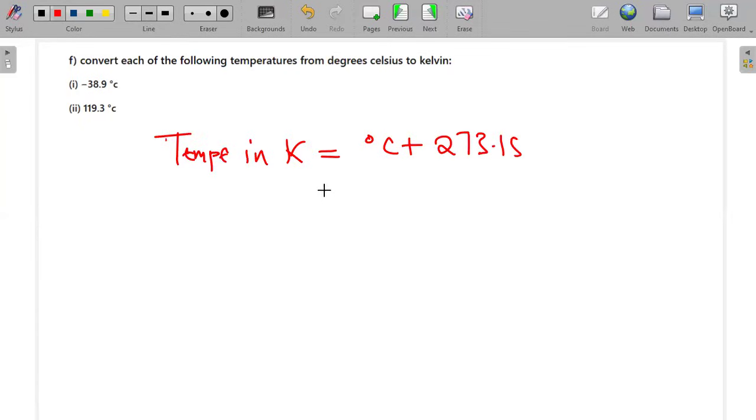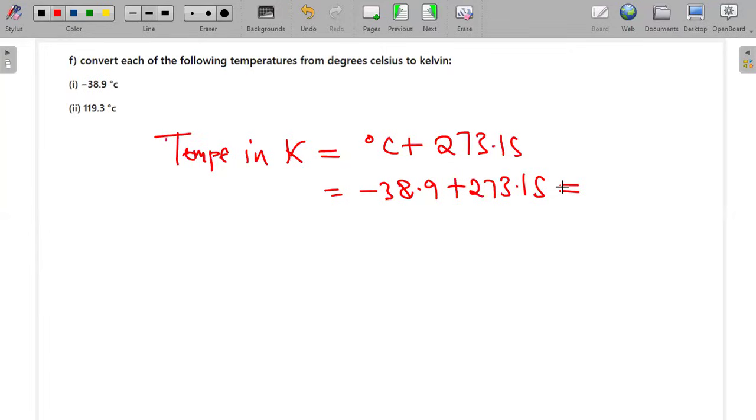That's the formula. The first one is minus 38.9 degrees Celsius. I add 273.15. So what do I get here? On my calculator, I have minus 38.9 plus 273.15.